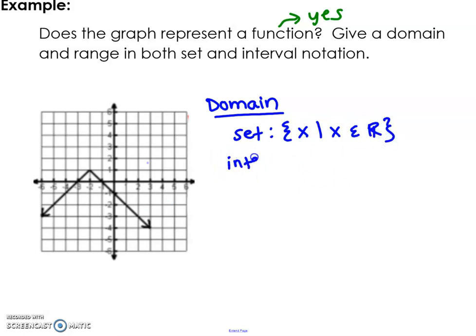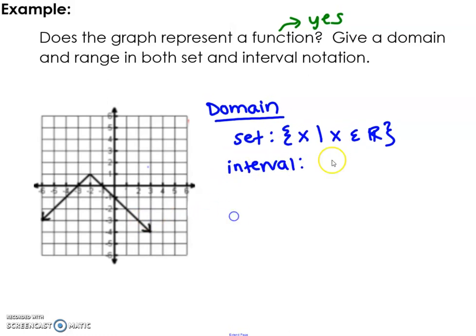And interval notation. So with interval notation, again, similar to the problem before, we are going to just have parenthesis, negative infinity to positive infinity. For the range, we are going to look at the y values, and we can see here that the highest y value we get to on this graph is 1, and everything else is below that.